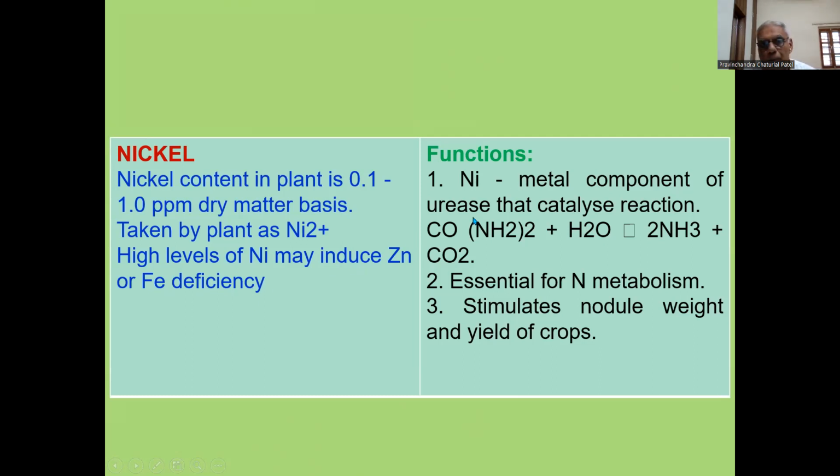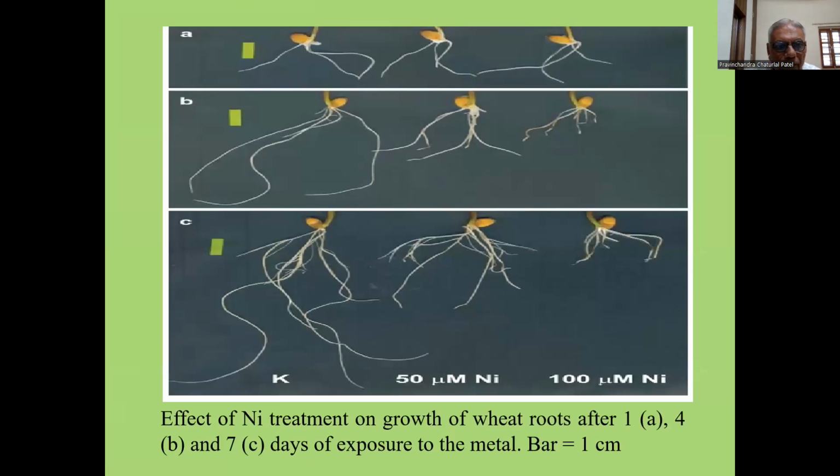Function: nickel is a metal component of urease, which catalyzes the reaction urea plus water gives ammonia and carbon dioxide. It is essential for nitrogen metabolism and stimulates nodule weight and yield of crop. So nickel is also important.